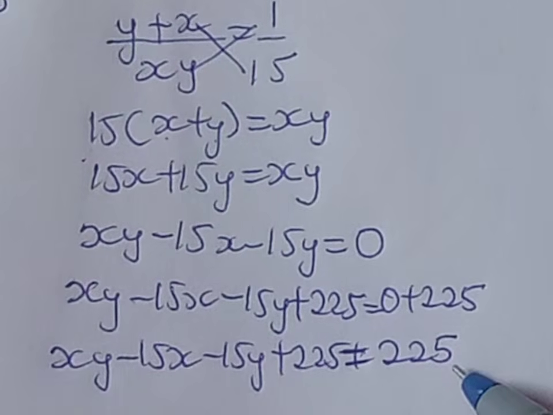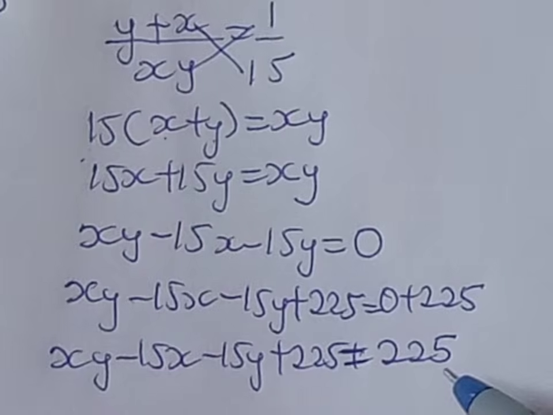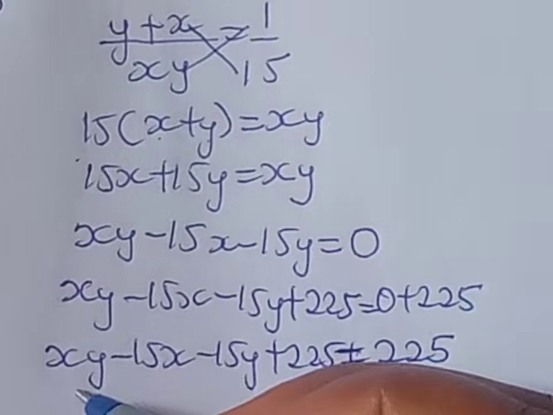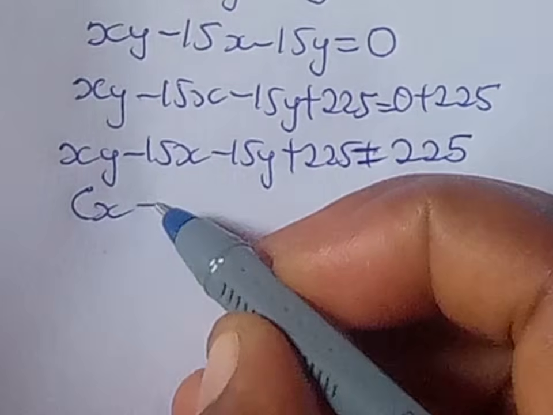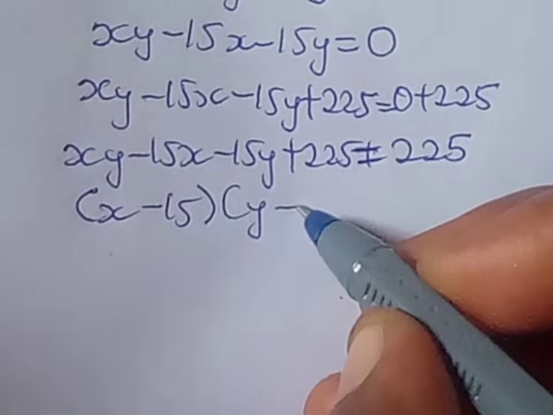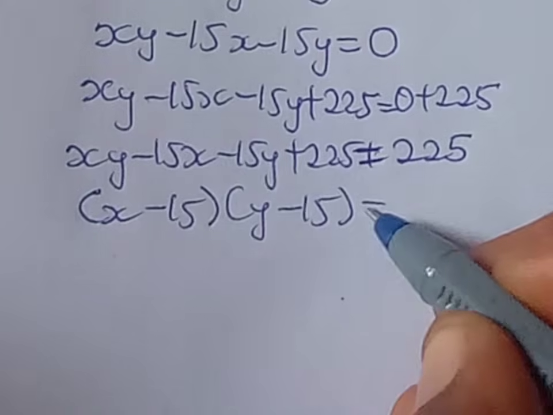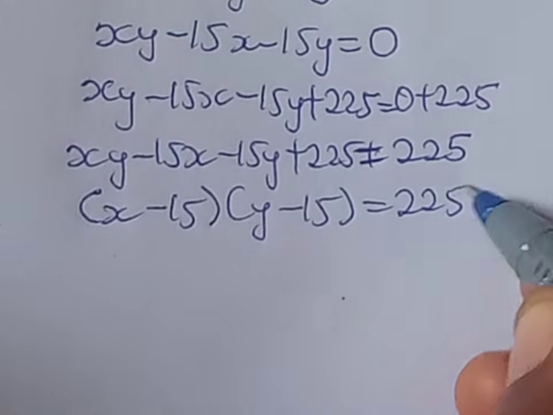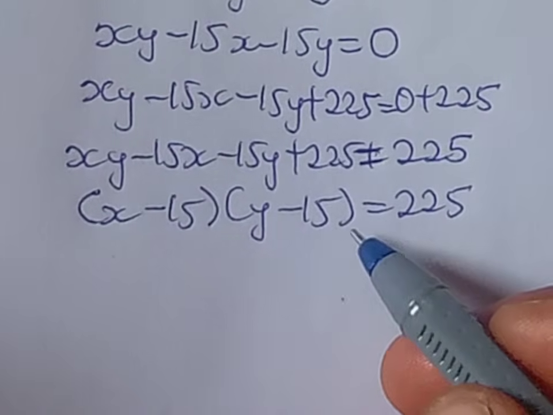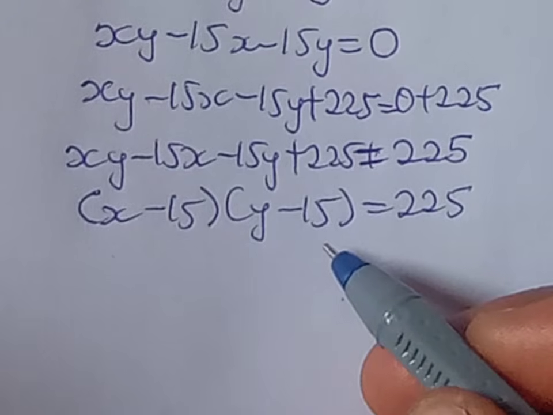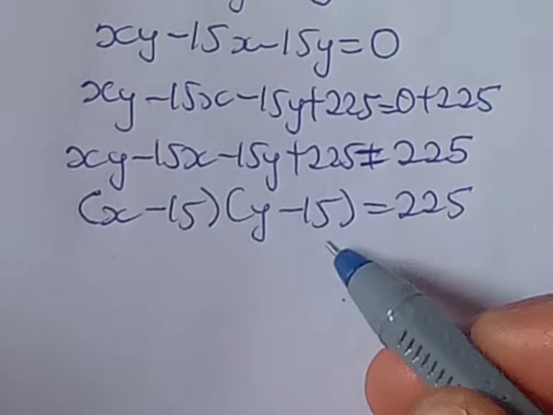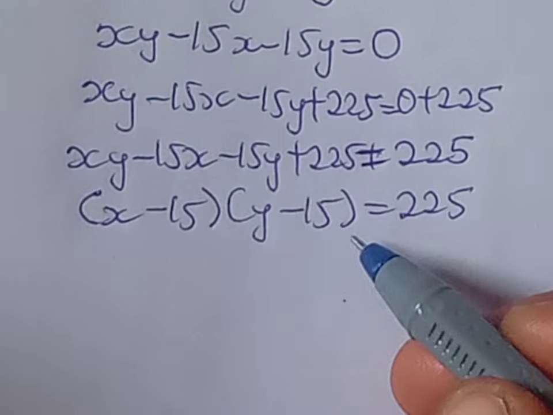The left hand side is already factored perfectly. Let's factor the left hand side, which will give us x minus 15 multiplied by y minus 15 equals 225. This transformation is called completing the rectangle, and it's one of the most useful algebra tricks in Olympiad problems.